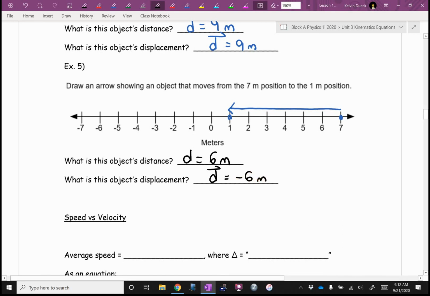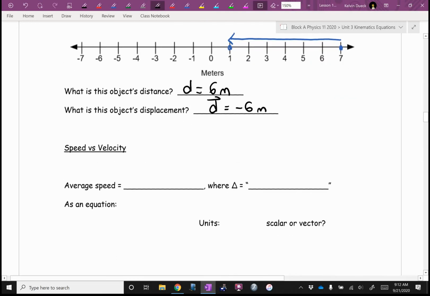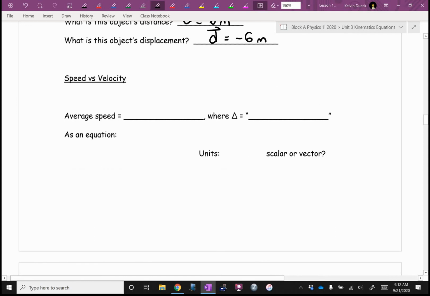Let's talk about speed. So distance versus displacement, speed versus velocity. Speed is a scalar. Velocity is a vector. Average speed is d over delta t, where delta means change in.